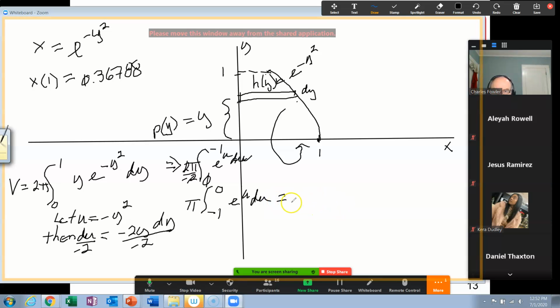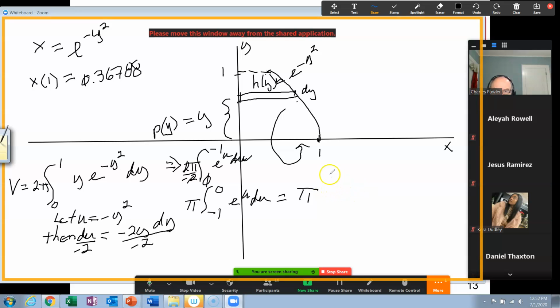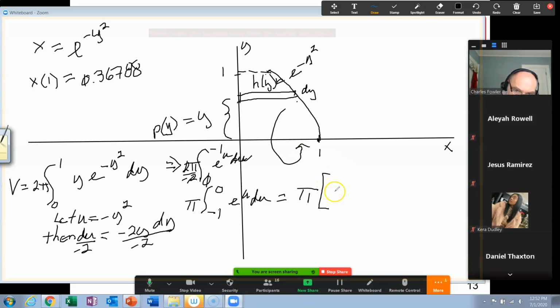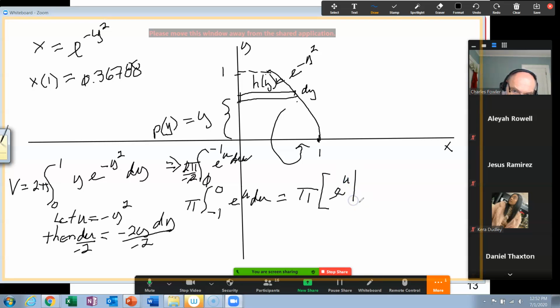I hope everybody can tell me what the antiderivative of e to the u du is. It's e to the u, my favorite function of all time, because you don't change its integral or its derivative any. That would just be e to the u, evaluated from minus 1 to 0.